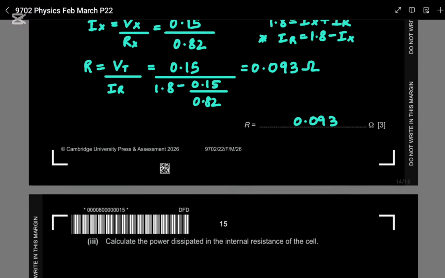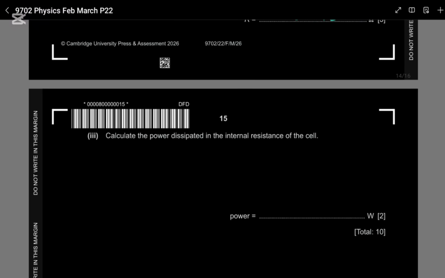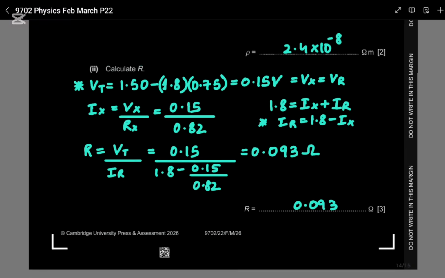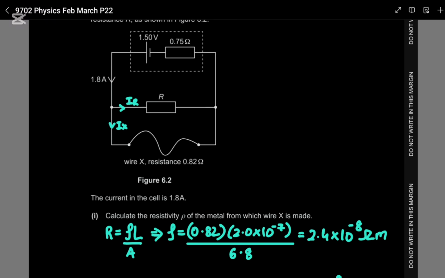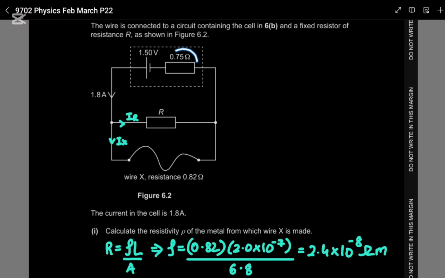0.093. Now the last part of the question: calculate the power dissipated in the internal resistance of the cell. Let's go back. Internal resistance. The current that passes through it is 1.8 amperes, because the current joins again over here.